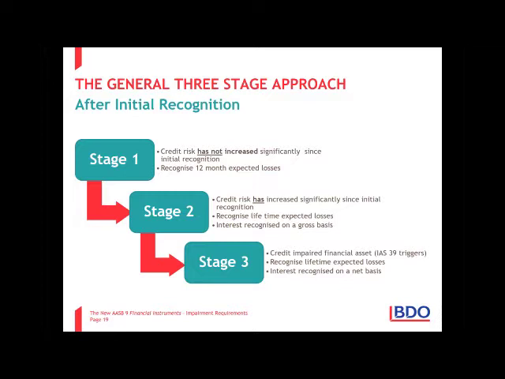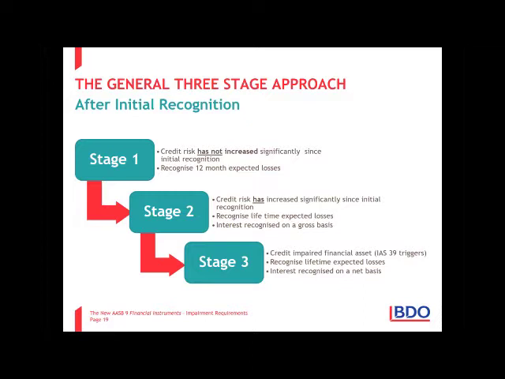And I'll do an example very soon to illustrate what I mean with gross basis. Stage 3 would kick in where you've got a credit impaired financial asset. And to determine whether you've got a credit impaired financial asset, you look at the same triggers that are currently outlined in IAS 39 or AASB 139.